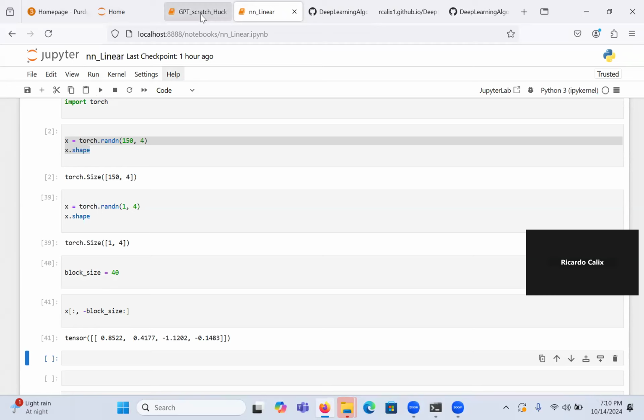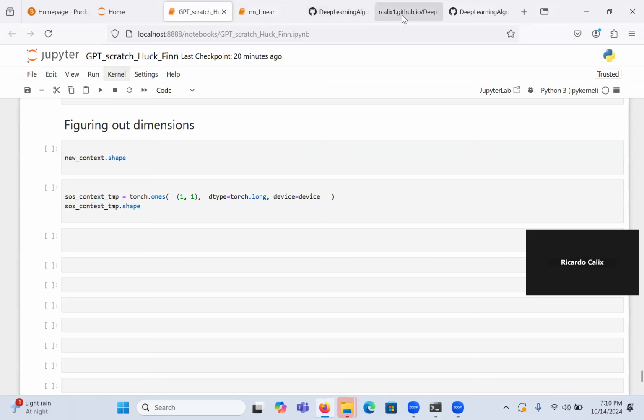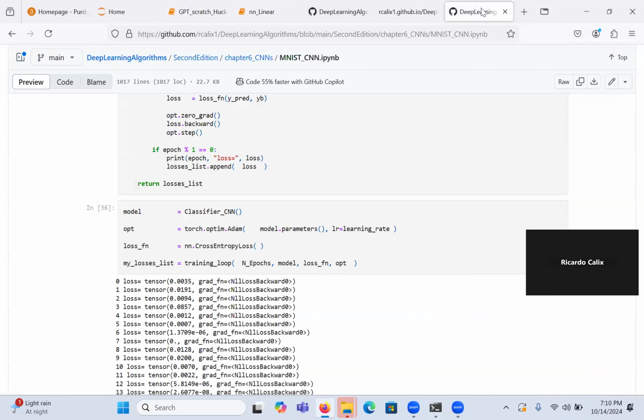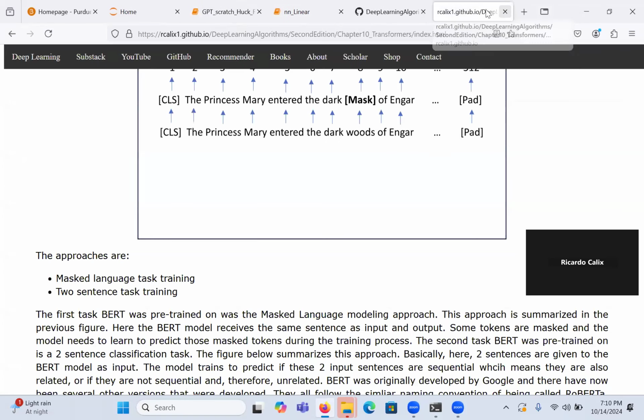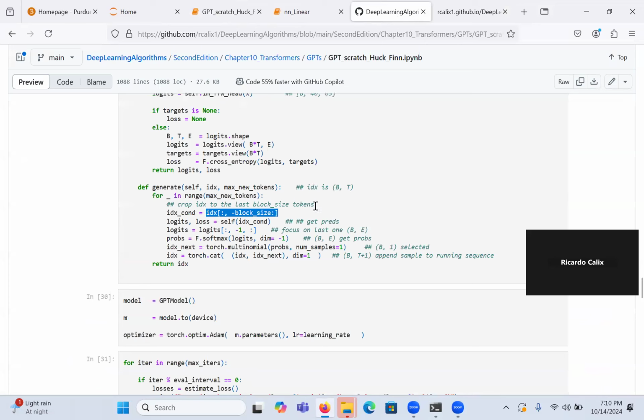All right. So I go back here. Nope. I'll close this because it's confusing. This one. All right. Perfect. So we take our IDX. We can't allow it to be more than 40 because it's not going to fit. We give it this. It becomes IDX condition. IDX condition goes into self, right?